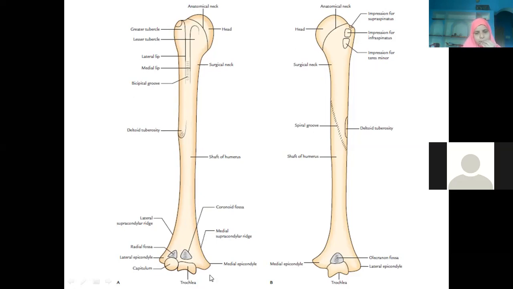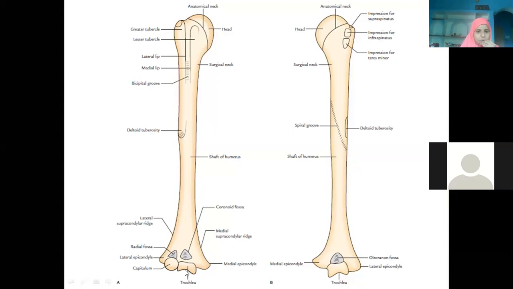Now coming to the lower end of the humerus, what are we finding? One medial elevation is the medial epicondyle, and laterally we have the lateral epicondyle. Then we have a pulley-like structure, which is the trochlea, and a cap-like structure, which is the capitulum. Above the trochlea, there is a fossa called the coronoid fossa, and above the capitulum, we have a fossa called the radial fossa.